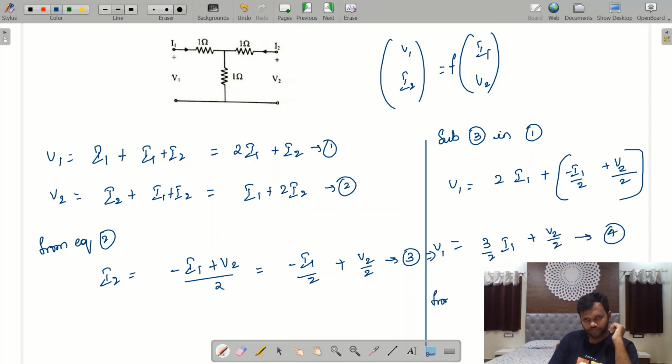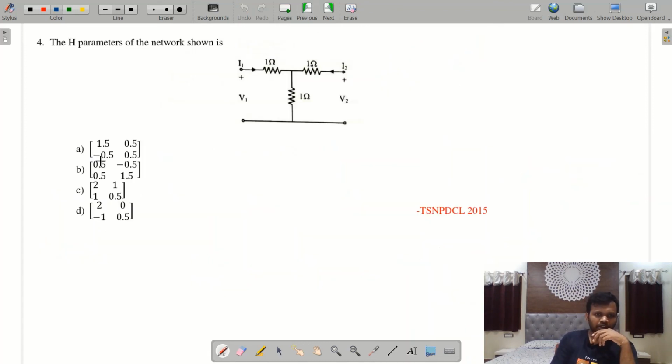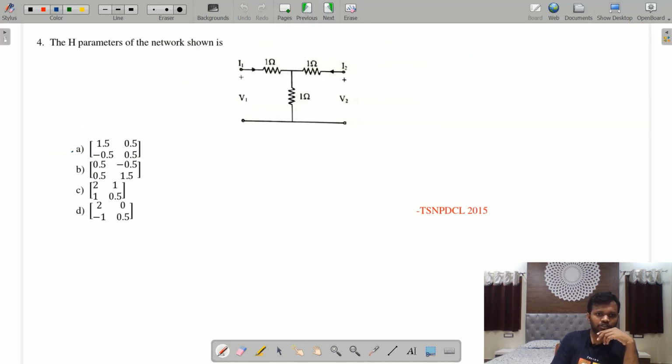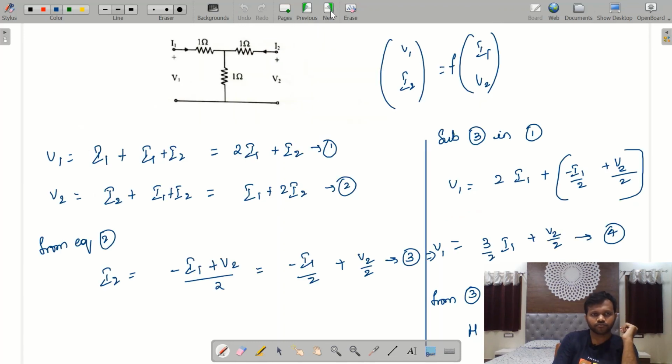From 3 and 4, the H parameters are 3 by 2, 1 by 2, minus 1 by 2 and 1 by 2. So the correct answer is 3 by 2 (1.5), 0.5, minus 1 by 2, 1 by 2. Option A is the correct one.